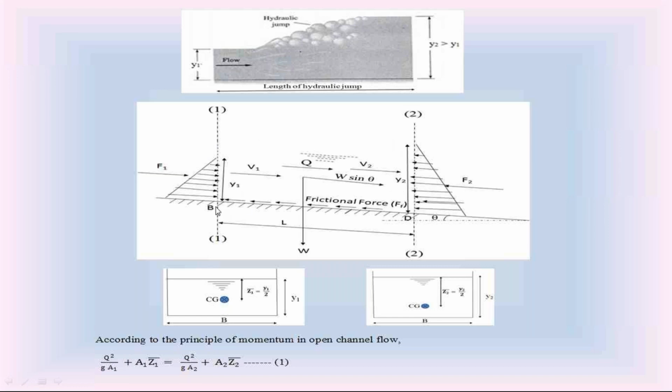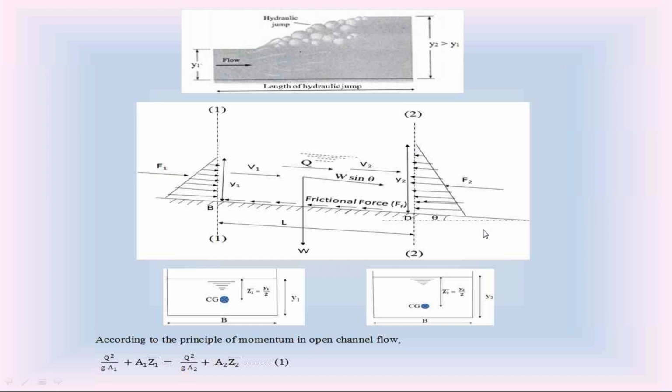So at section 1, depth of flow is y1, velocity of flow is v1. Before the hydraulic jump, this is the hydrostatic pressure distribution at section 1. F1 is the hydrostatic force at section 1. Then at section 2, depth of flow is y2, velocity of flow is v2.